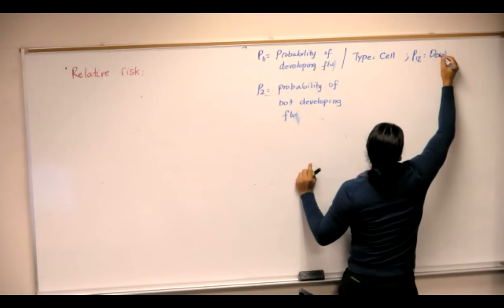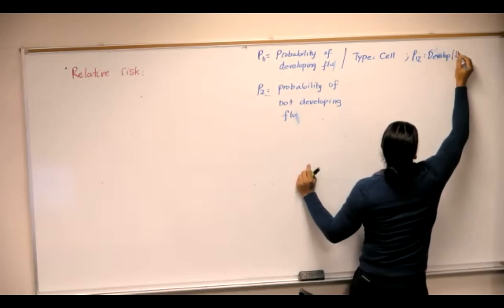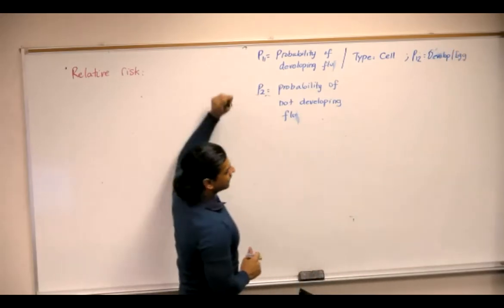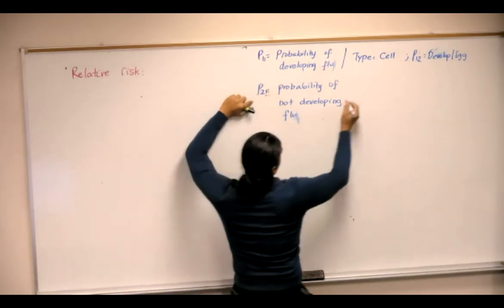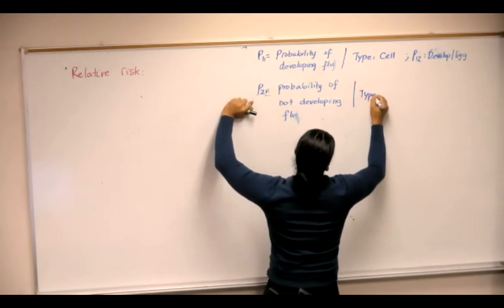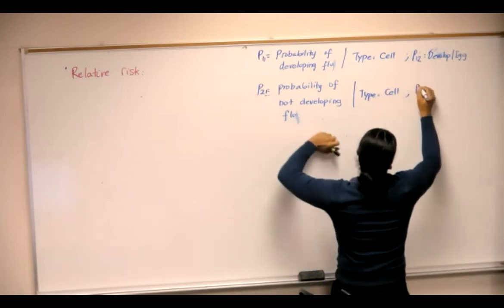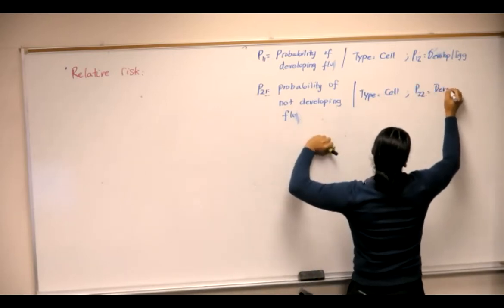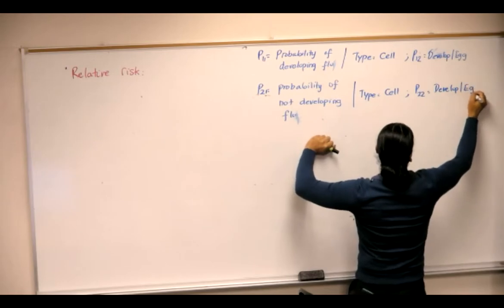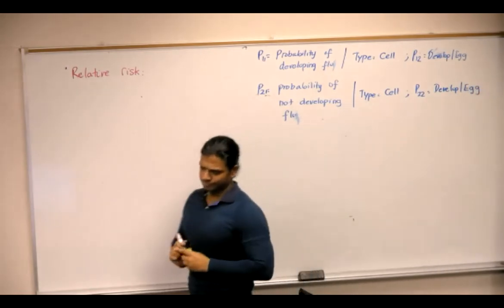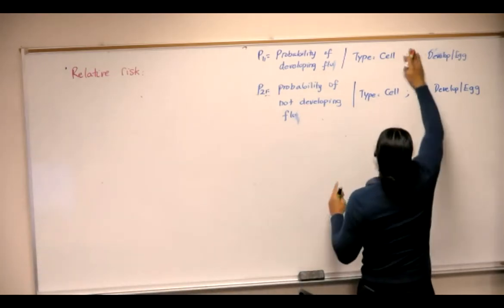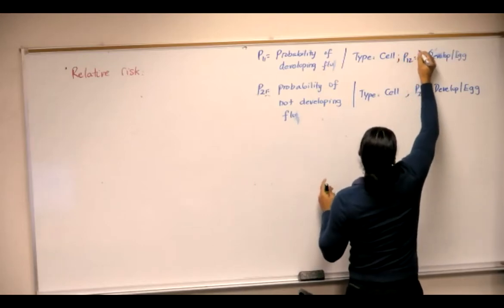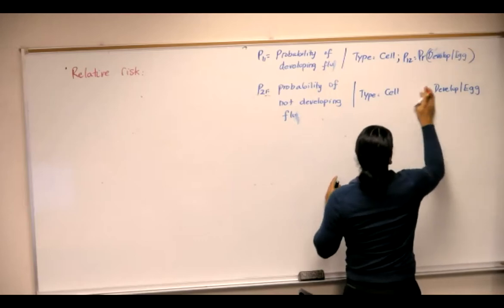Develop, given A. Likewise, I need 2 of them here. 2, 1, type equals cell. 2, 2, you develop flu, type is A. Right, we are looking at probabilities. So put PR to indicate probability.